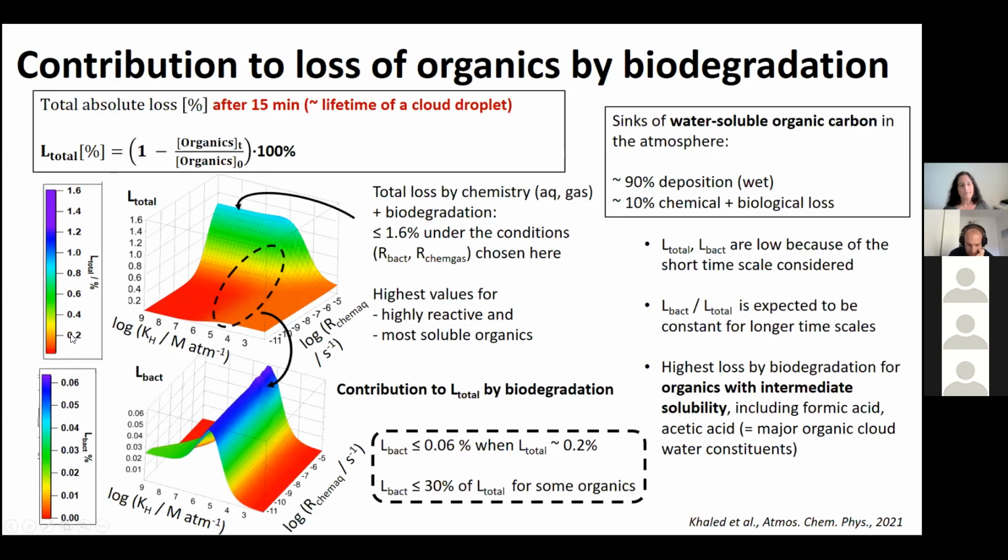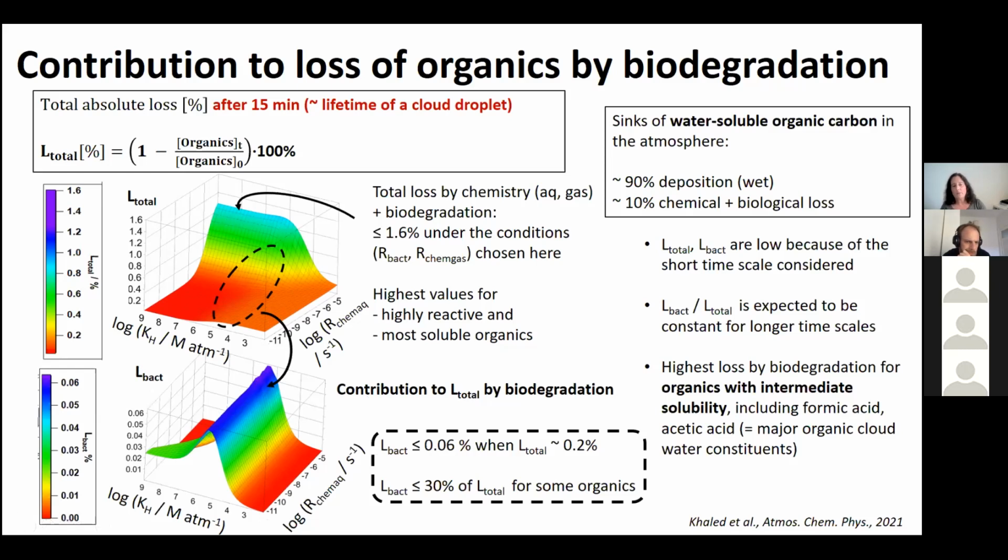The scales are different, and the pattern is different. You see immediately that we have a maximum at a solubility of roughly 10 to the 5 Henry's law constant, so intermediate solubility. If you compare the numbers, it's roughly where the total loss is about 0.2%. We have 0.06% by biodegradation, so it's roughly 30%.